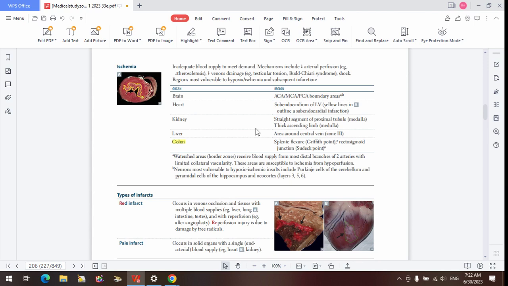Okay. So I said that ischemia is an imbalance between the demand of a tissue and the supply. That means that the supply is not commensurate with the demand. It is not equal to the demand. The supply is less than the demand. I'm giving a situation where it does not necessarily mean that the vessel is occluded and blood is not flowing.